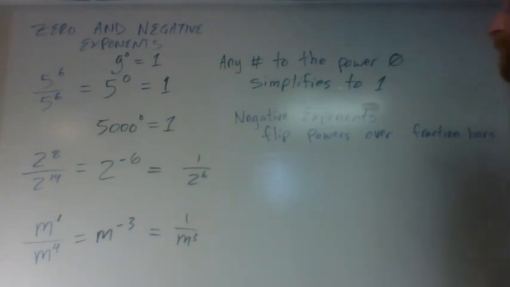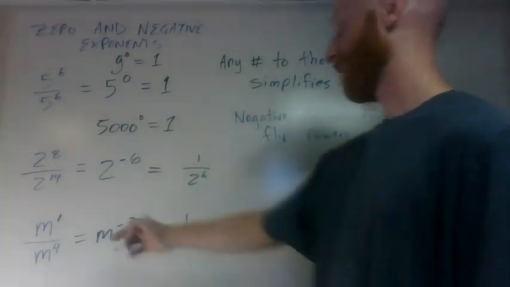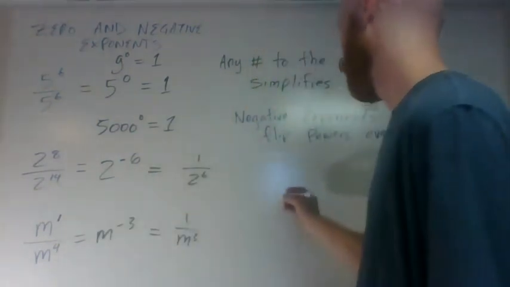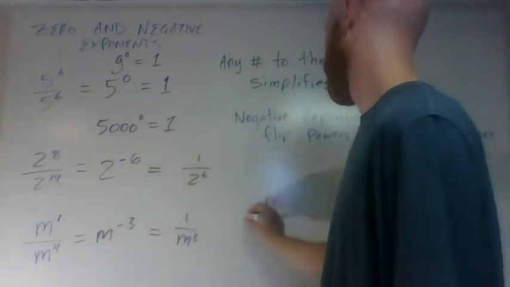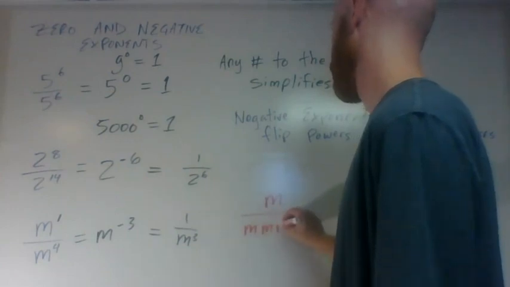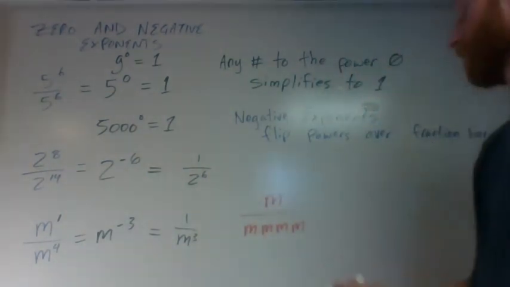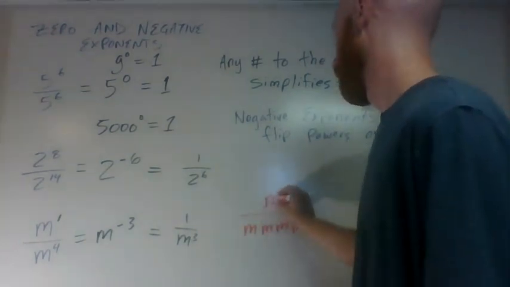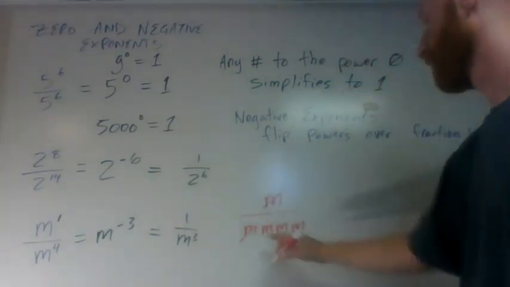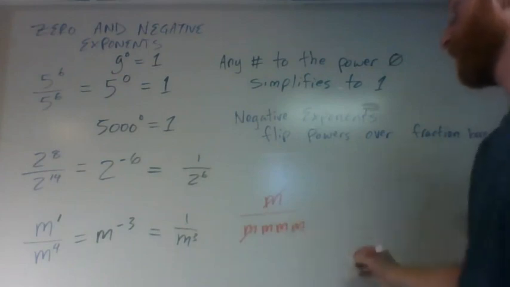So why does it work? Same reason that our quotient of powers rule works. Right? If I expand out this, m divided by m times m times m times m, okay, I'm going to be able to cancel. M divided by m is 1. I'm left with 3 m's in the denominator.